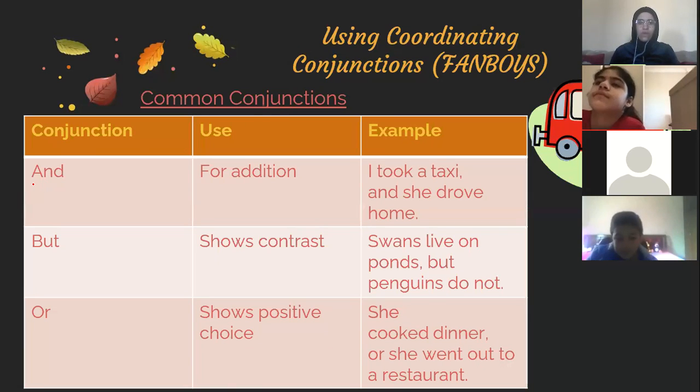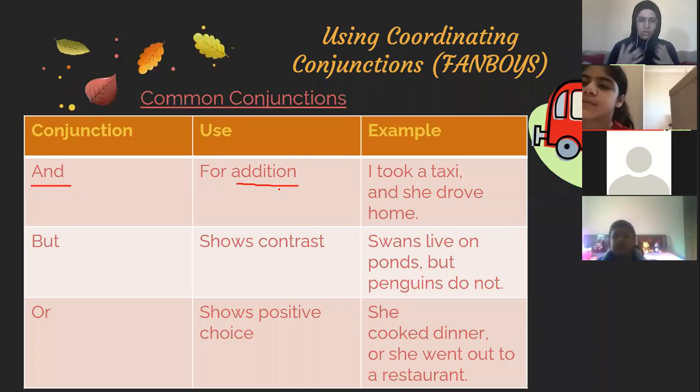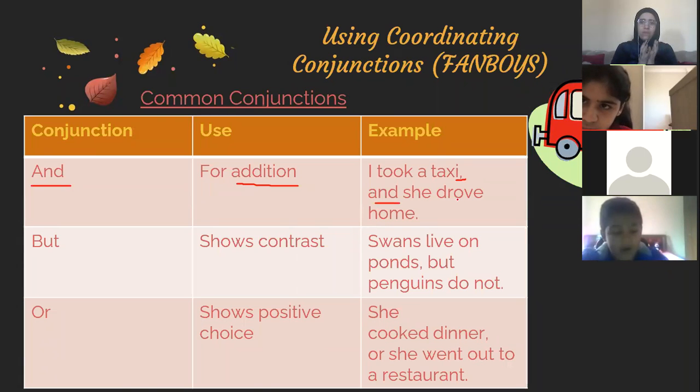Let's start with the first one. And is for addition, when I want to add information. For example: I took a taxi, and she drove home. Here I'm just adding information to the first simple sentence. Notice that I have to use a small letter after and.